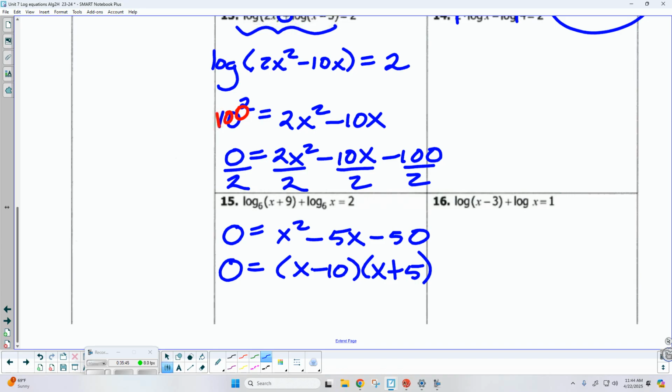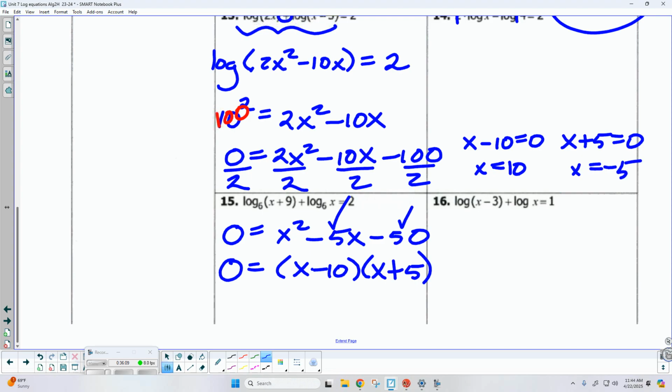Negative 10 times 5 is a negative 50, but negative 10 plus 5, there's your negative 5. Okay, that's great. How does that help me get my answers, though? We set them equal to 0, the zero product property. So if x minus 10 is equal to 0, we got x equals 10. If x plus 5 equals 0, x equals negative 5.